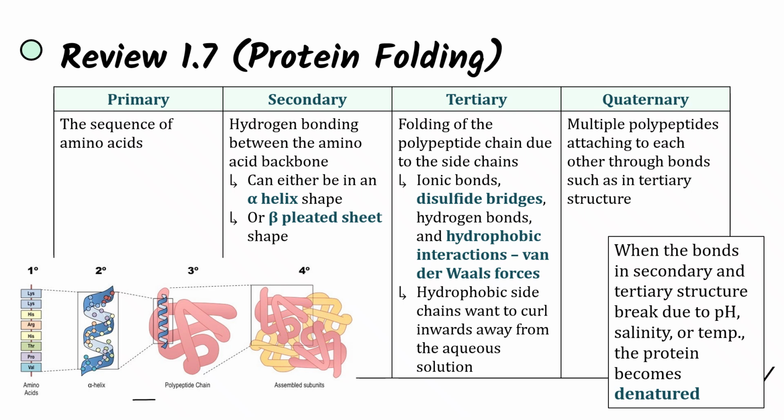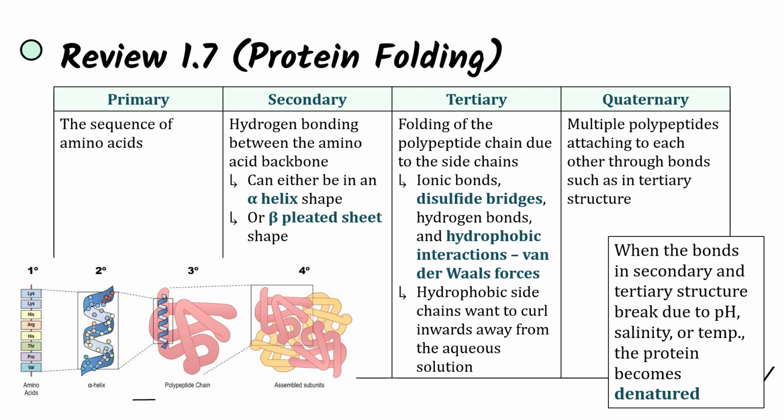Because of such folding in the interior, the amino acids are going to be so close to each other that, with the random movement of electrons, there might be a slightly positive side to the amino acid and a slightly negative side. Because the electrons are moving around randomly, there's a possible dispersion of electrons so that they're slightly to one side or another, and this can create a really weak and small attraction force.